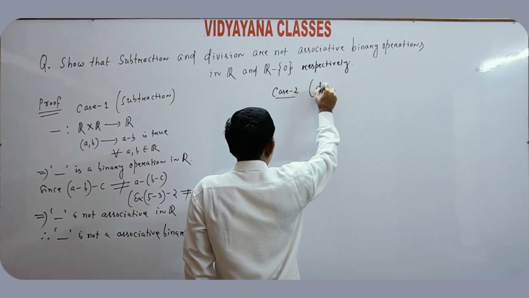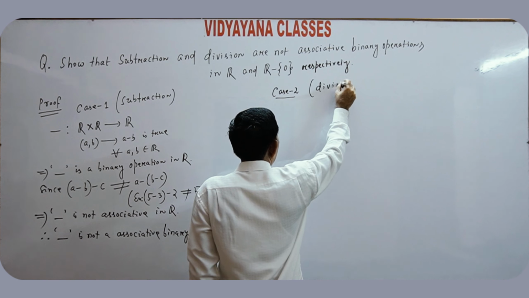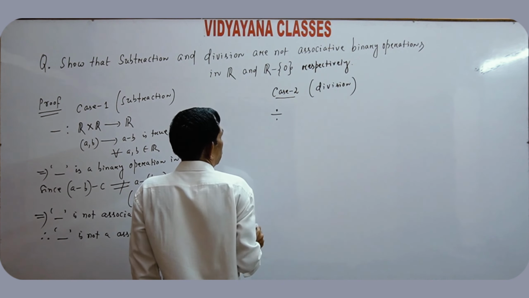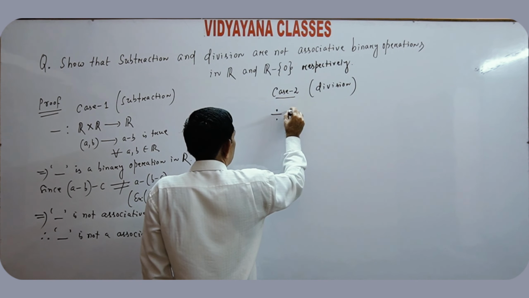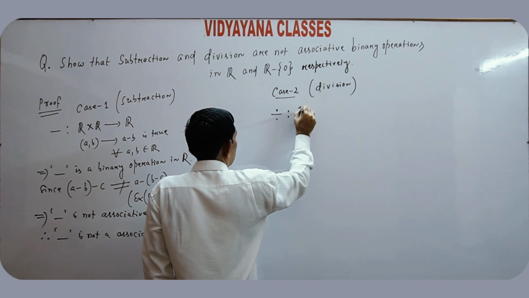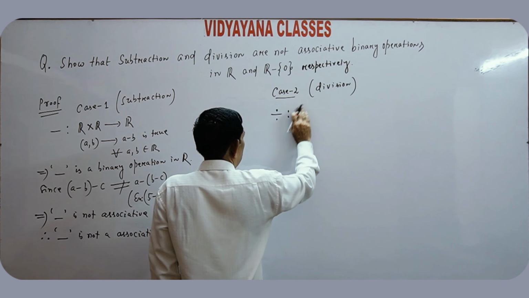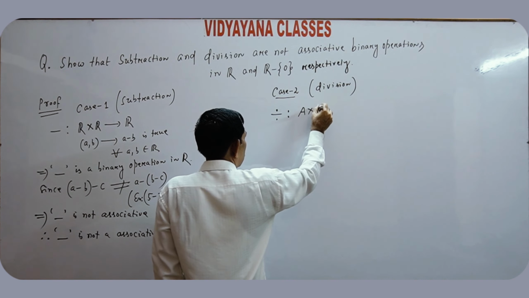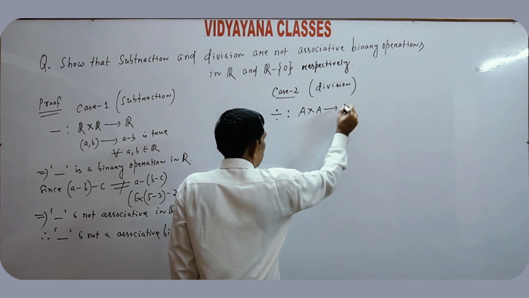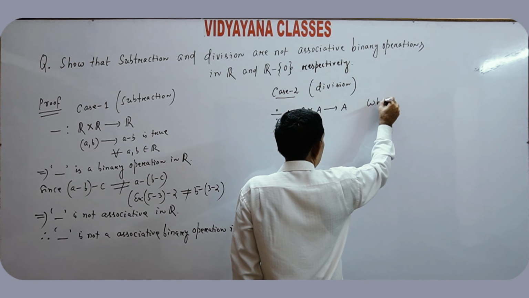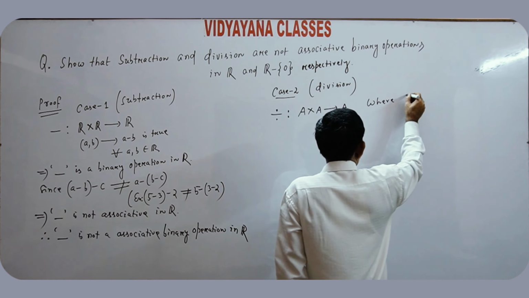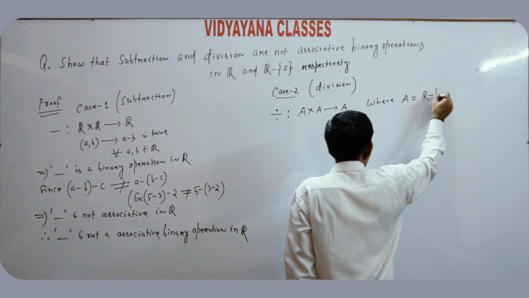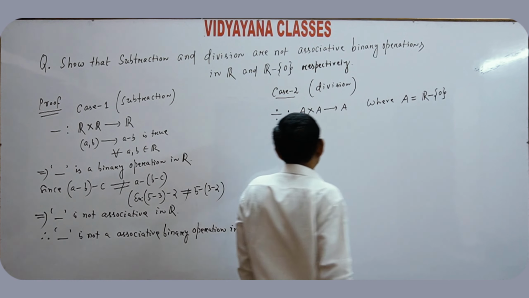That is division. Division is a function from A cross A to A, where A represents the set of real numbers without 0.